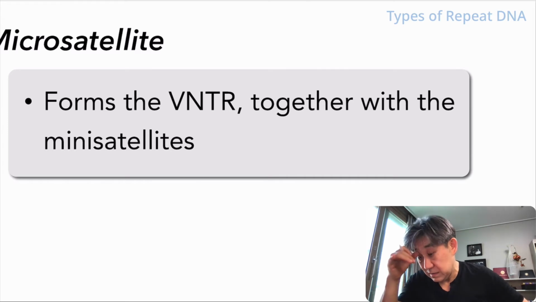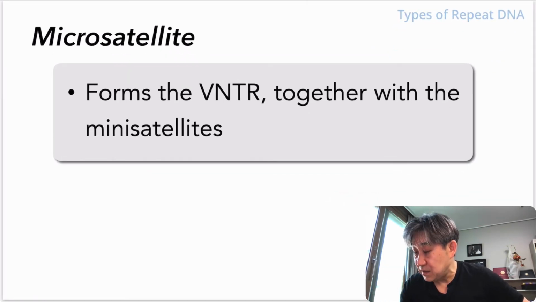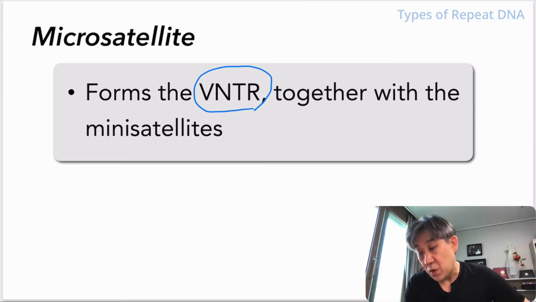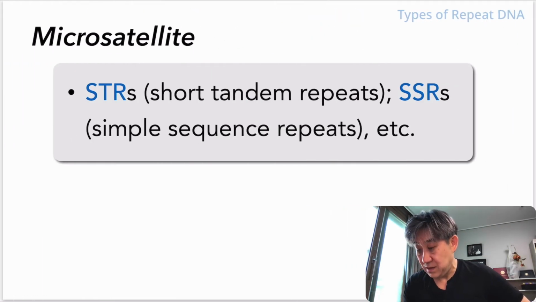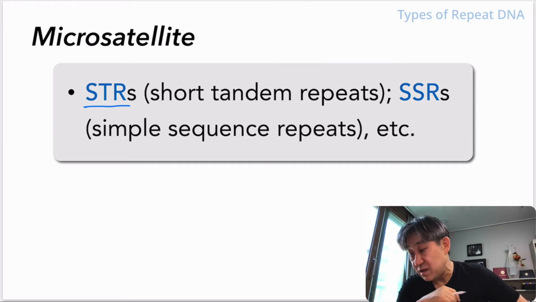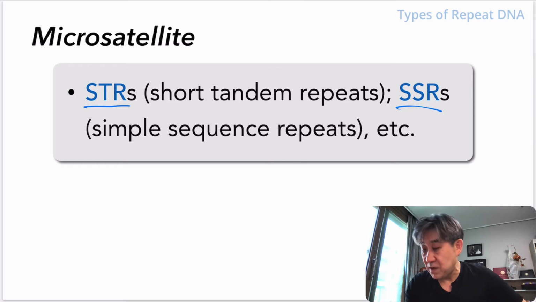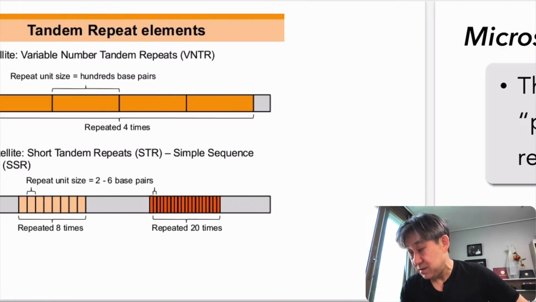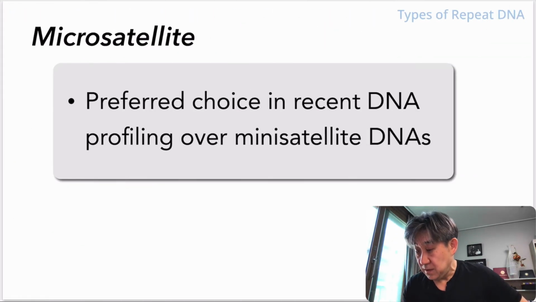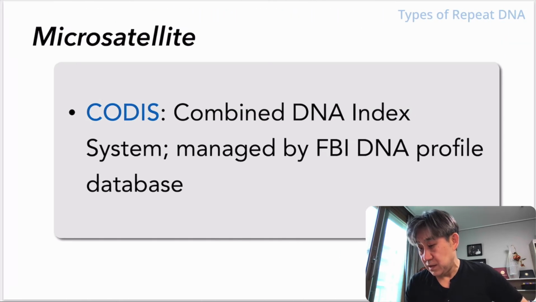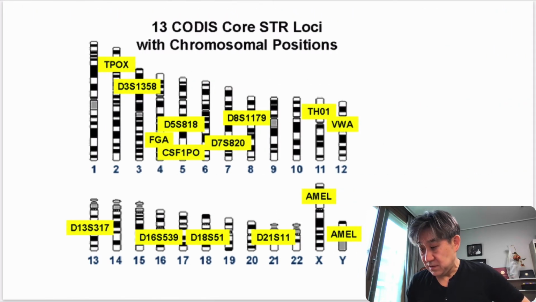And actually the VNTR, that famous VNTR, is a part of this so-called microsatellite. And not only VNTR, some other such important repeat elements named STR or SSRs are also part of this microsatellite, right? And yeah, so like that.